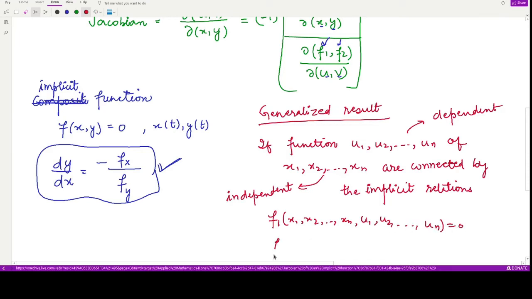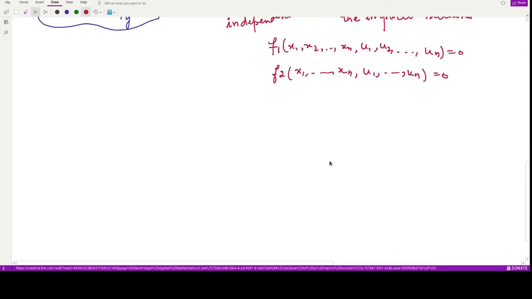The second equation is f2 of x1 to xn, u1 to un equal to 0. And the last equation is fn of x1 up to xn, u1 to un equal to 0.